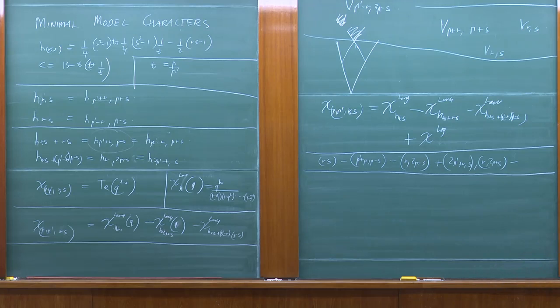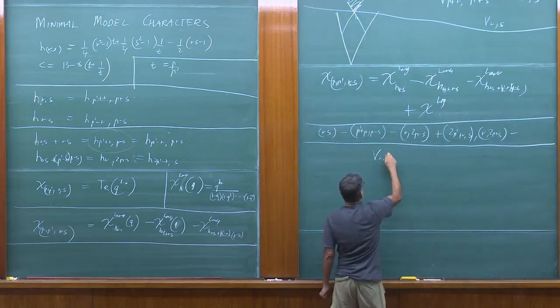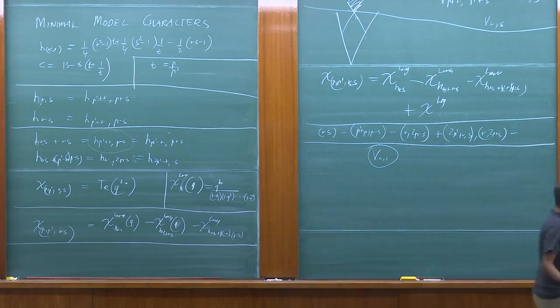Okay, so the question we're going to ask is the following. Suppose we take the representation module V_{R,1}. We're looking at V_{R,1} rather than V_{R,S} because the construction is simplest in this case. Simplest, most explicit, and so on.